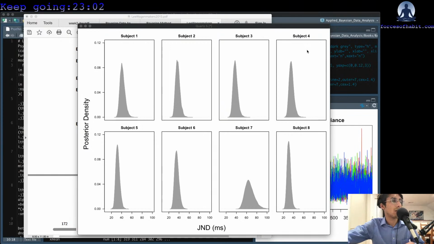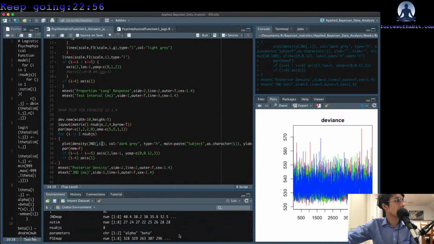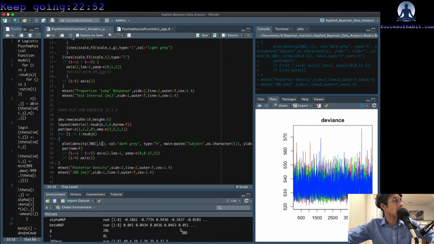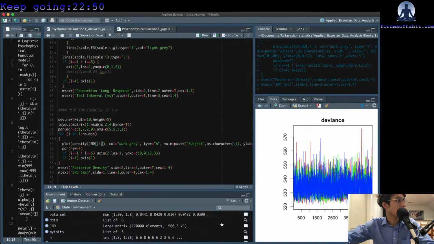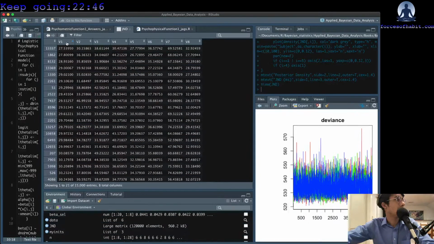We can also just... that's too big of a matrix. Maybe 23, 23.